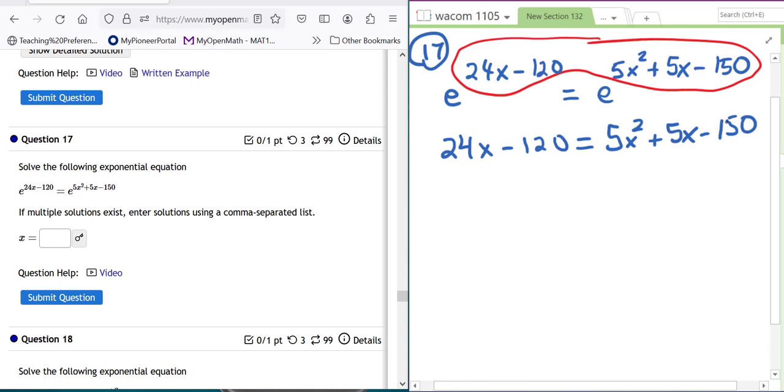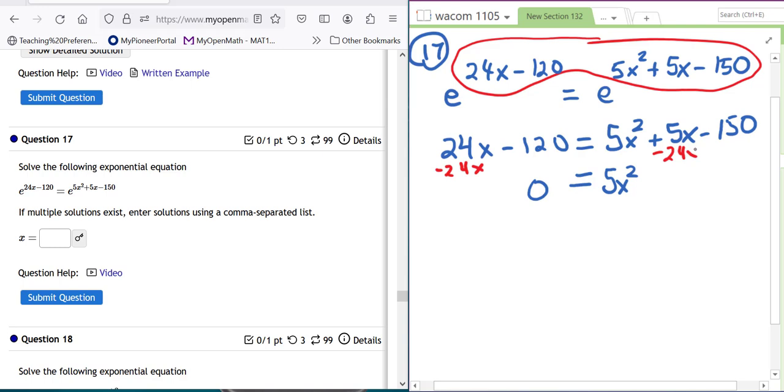We have a quadratic equation, which we know how to do. Now, we would like to keep a positive coefficient on the x squared term. So we're going to move terms to the right. I'm going to subtract this one and add this one to get them to the other side. This is going to be a 0. I am going to keep the x squared and subtract 24x.